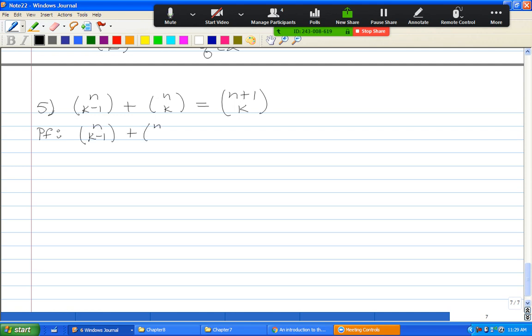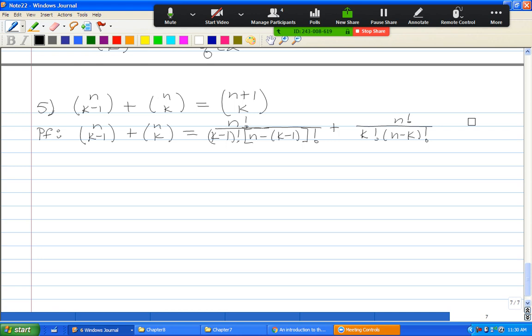NC(k minus 1) plus NCk is equal to, by definition, n factorial over k minus 1 factorial times n minus k minus 1 factorial plus n factorial over k factorial n minus k factorial.